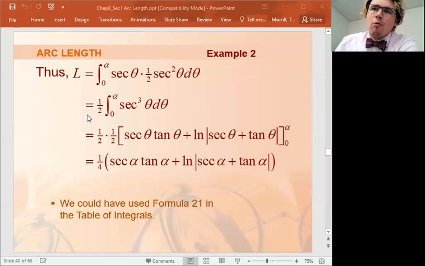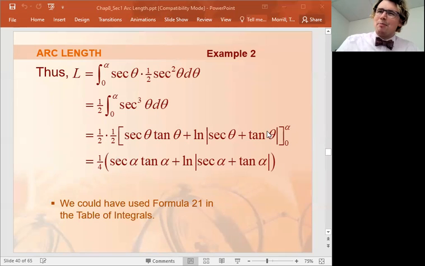Well, when I go to take my antiderivative, after a little bit of work here, the antiderivative is going to be secant of theta, tangent of theta, plus the natural log of the absolute value of quantity secant of theta plus tangent of theta. And these we have to evaluate at the coordinates alpha and 0.